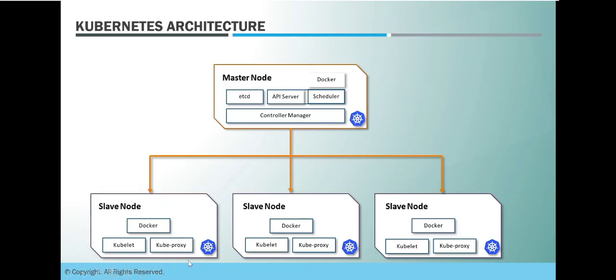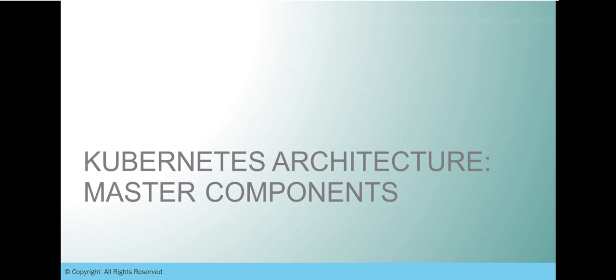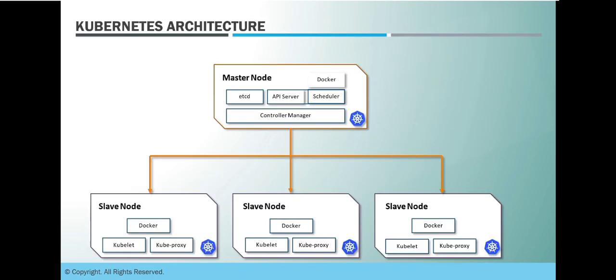These 3 components need to be available on every slave node in order to talk to the master node and deploy Kubernetes services to the applications. So this is how we can see the components that are present inside the Kubernetes architecture. In the next session, we will cover each component in detail.